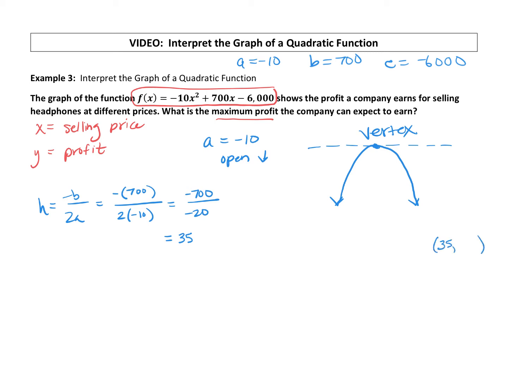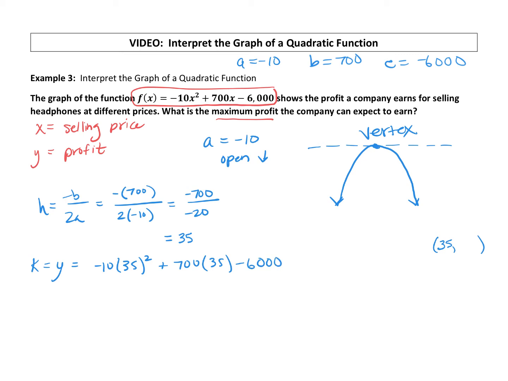Now to get the y or the k value, all we have to do is plug that 35 in for all of our x's. So our k value, which is our y value: negative 10 times 35 squared plus 700 times 35 minus 6,000.